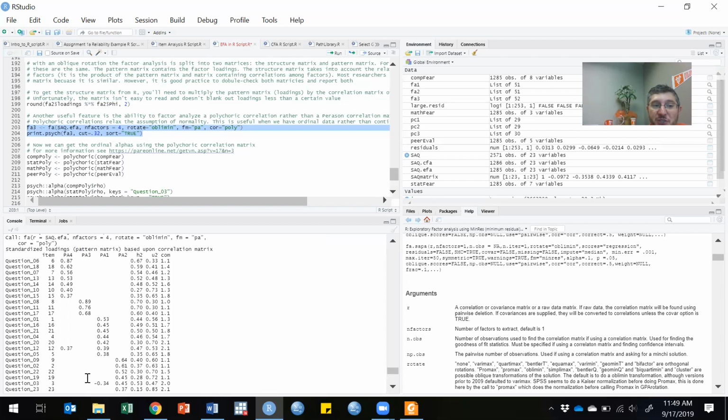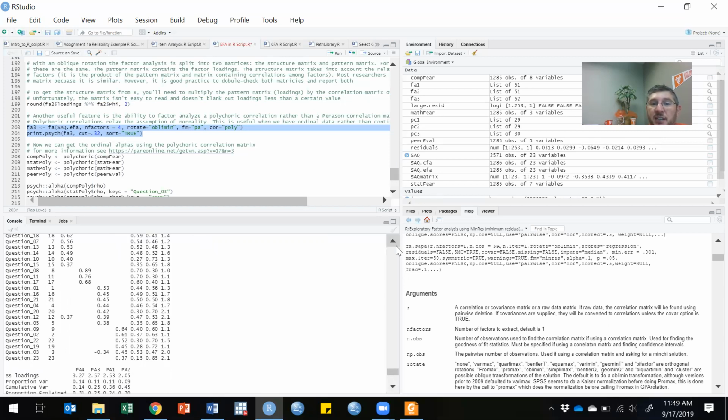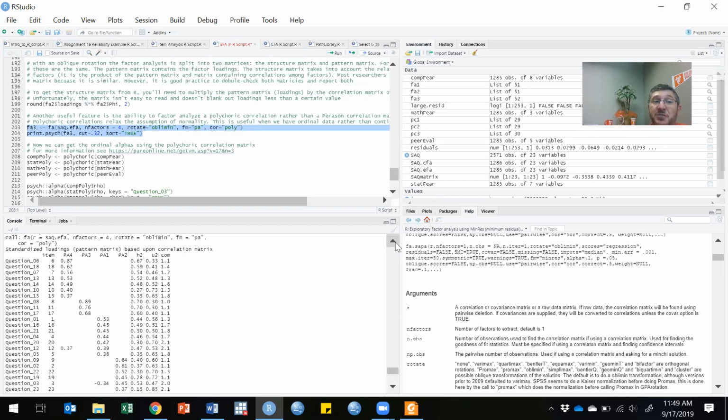We still see question 12 having cross loadings that are pretty similar, and question 3 here is also having some questionable cross loadings. But it ends up being a much cleaner response. If you look at each of the factor loadings, some of them end up loading a little bit stronger. So that's another way you can do it that actually takes into account the ordinal nature of the data.